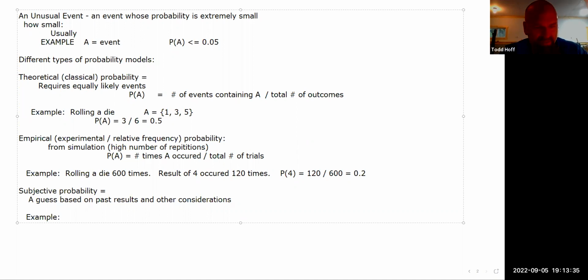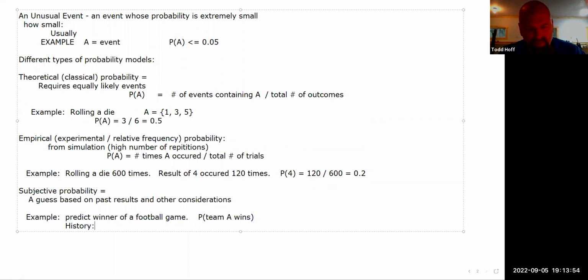So examples, let's try to predict the winner of a football game. What's the probability that team A wins? Well, let's look at history or past results. Team A has won 8 of the last 10 games between these two teams.